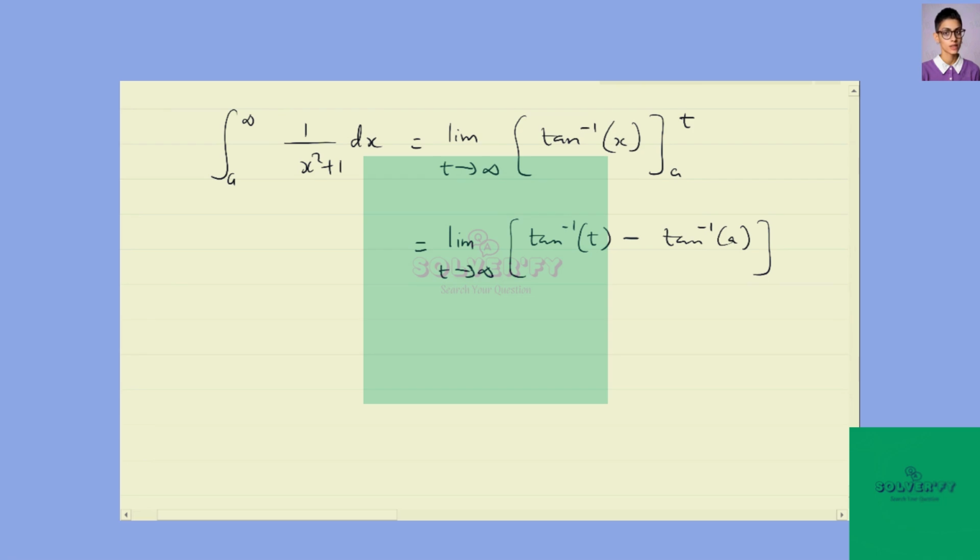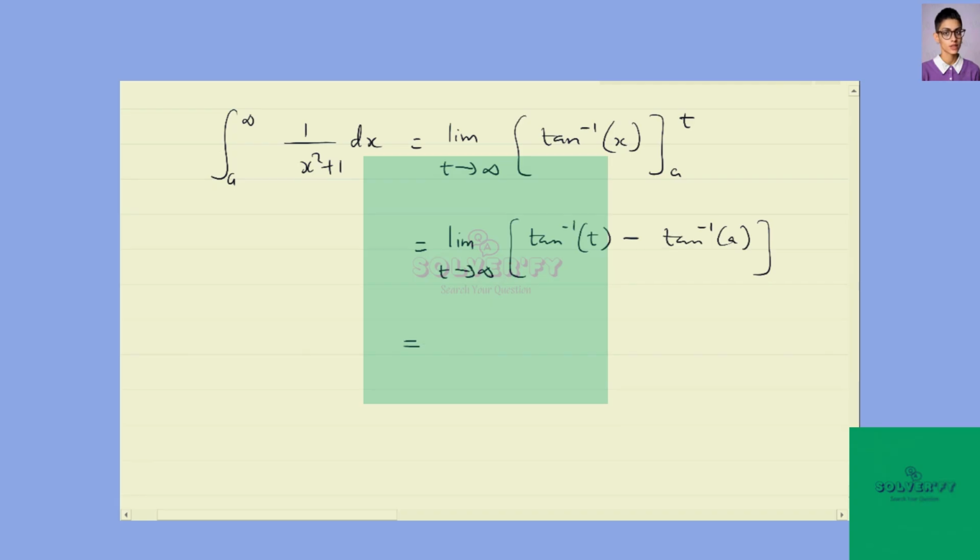Now the limit as t approaches infinity of tan inverse of t gives us pi on 2. As the number increases indefinitely, the tan inverse or the arctan of that number becomes pi on 2.